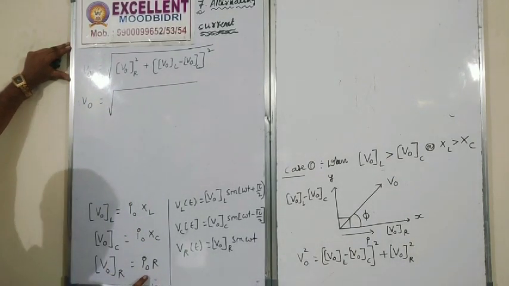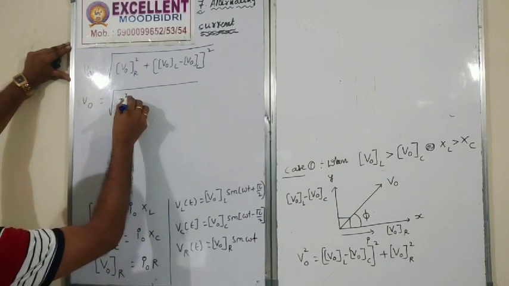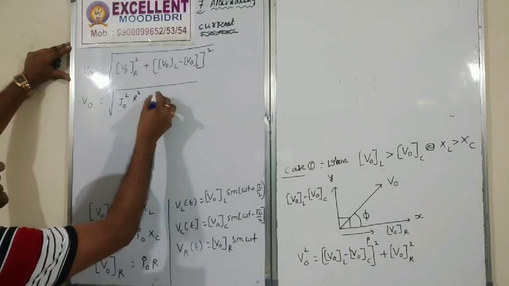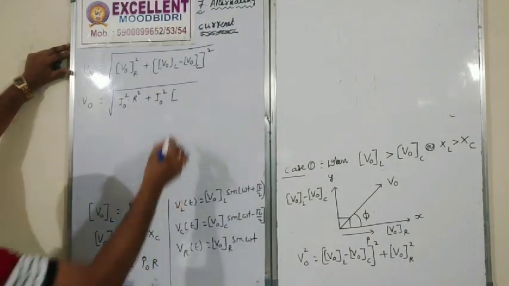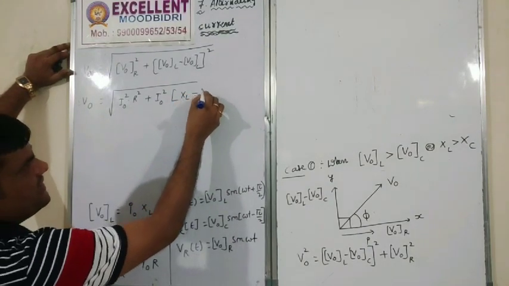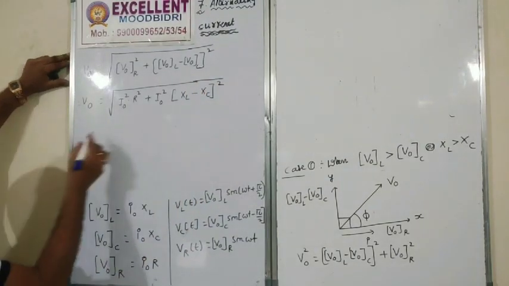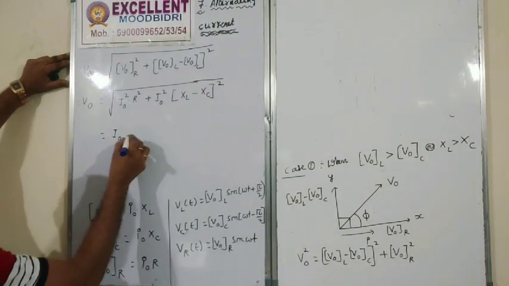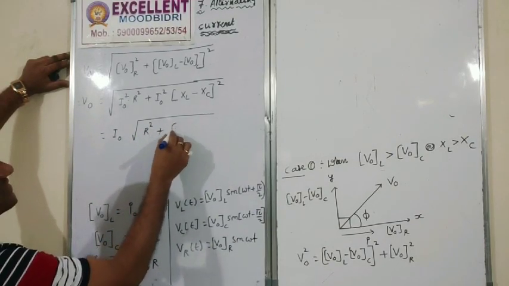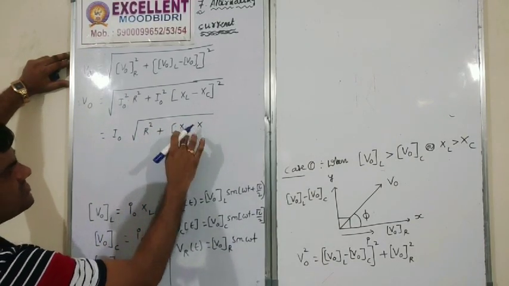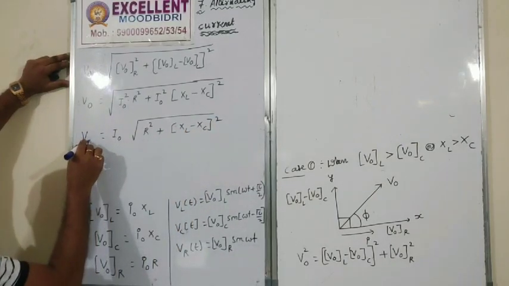How much is V naught R square? I naught square into R square, plus this one, I naught square taken common, X L minus X C whole square. So therefore I naught root over R square plus X L minus X C whole square.